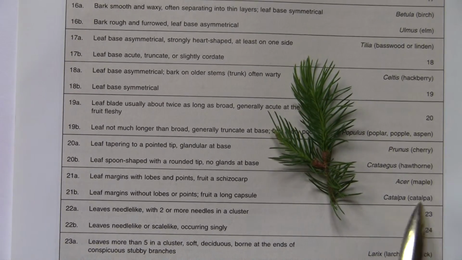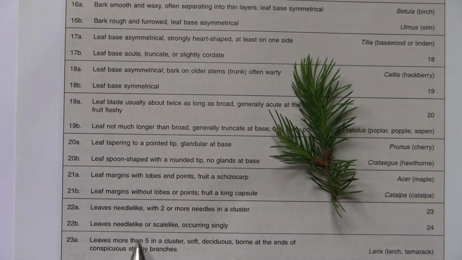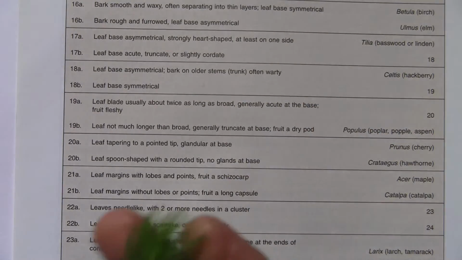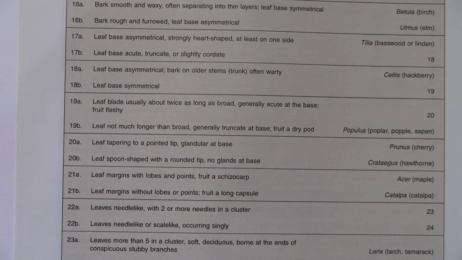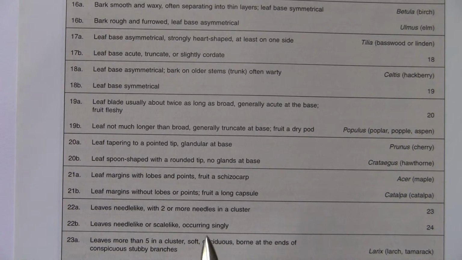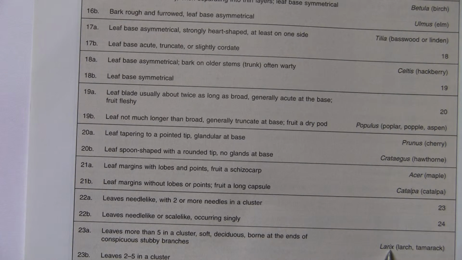23. So we go to the 23rd set, or the couplet as we call it: leaves with more than 5 in a cluster, soft and deciduous. Obviously, this one is a soft specimen, and therefore my specimen seemed to be exactly what you see on the screen, Larix. But as I said, we must read the second one too.